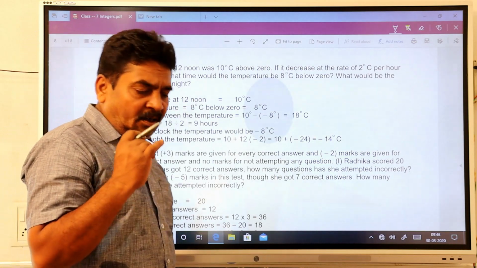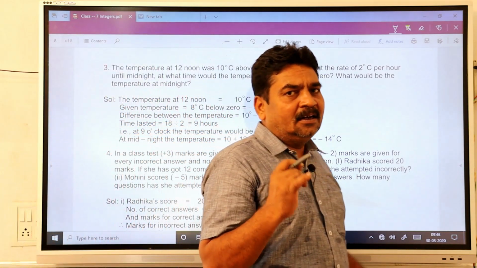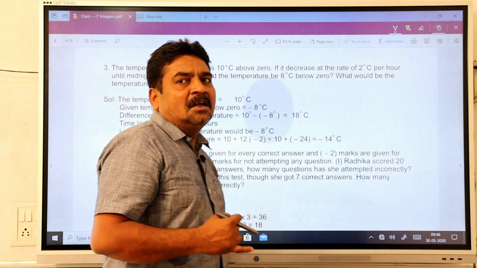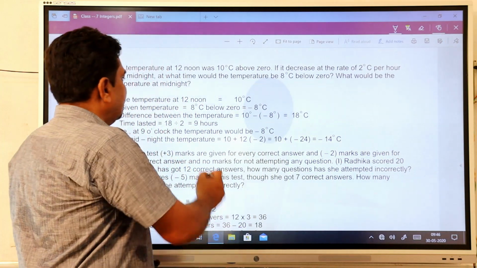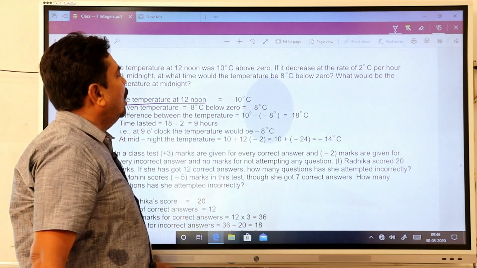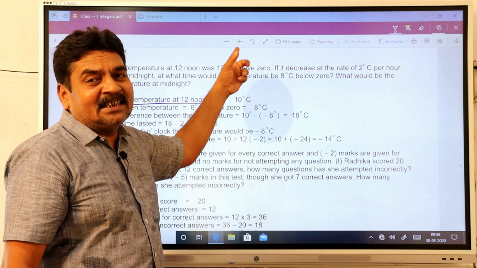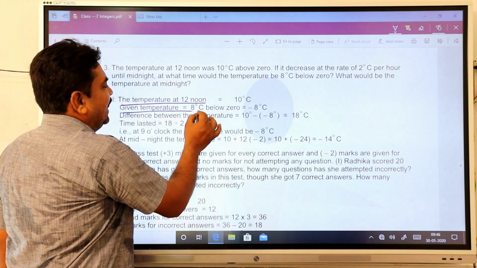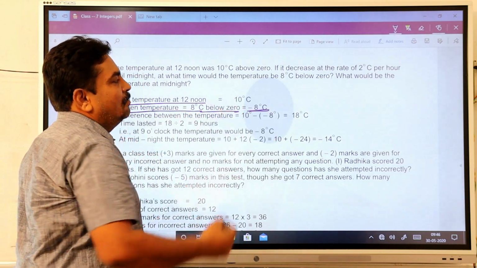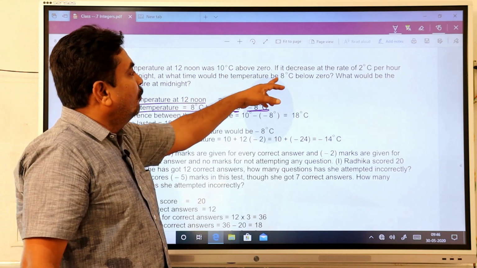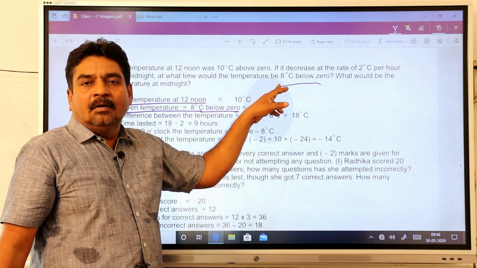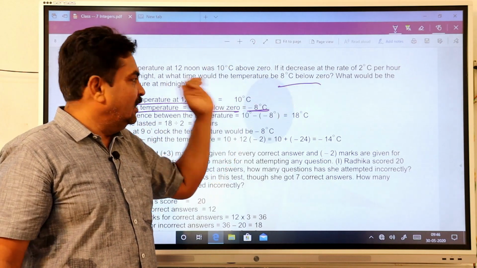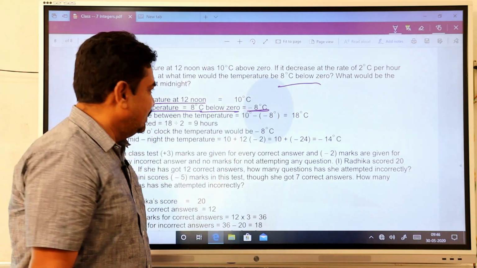Statements: first you learn how to write the statements. If you learn how to write the statements, then you are going to understand much better. Temperature at noon, how much? Plus 10 degrees because it is above 0. The given temperature, 8 degrees below 0, is how much? Minus 8 degrees centigrade.